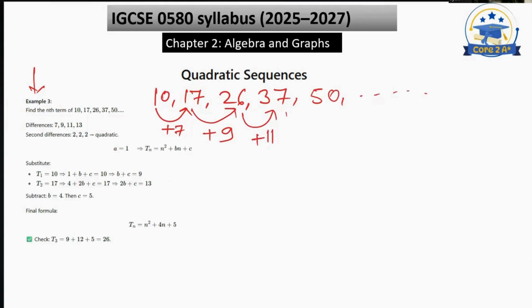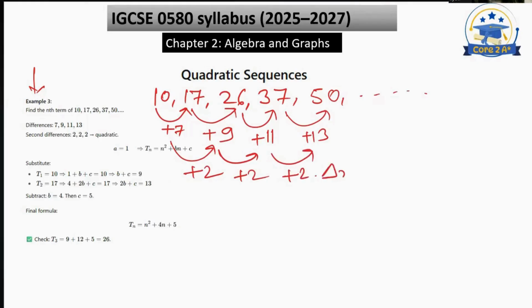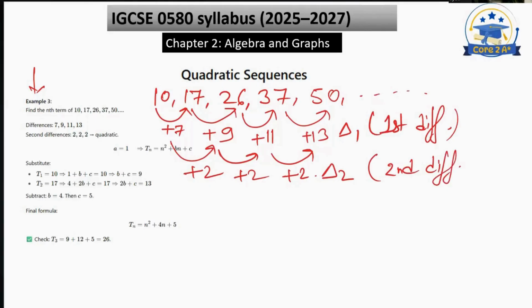Then plus 9, plus 11, plus 13. Then plus 2 again, plus 2. Delta 1 is your first difference. Delta 2 is your second difference, and that must be constant. Otherwise, the given sequence is not a quadratic sequence, right?